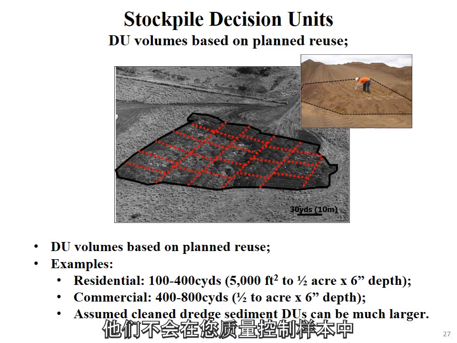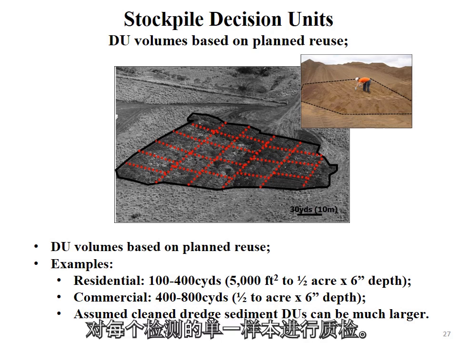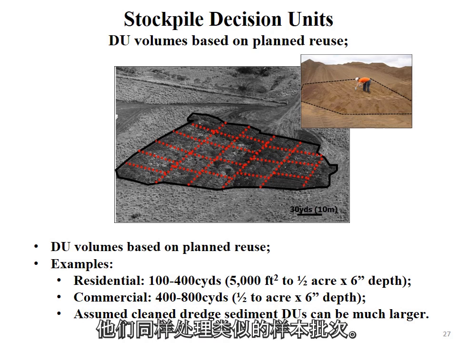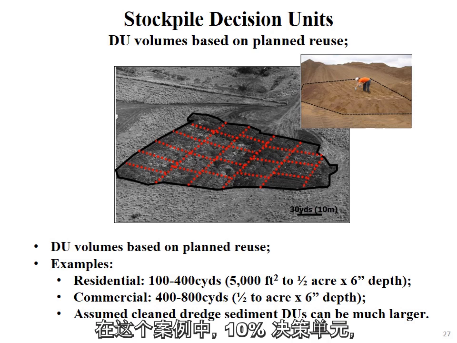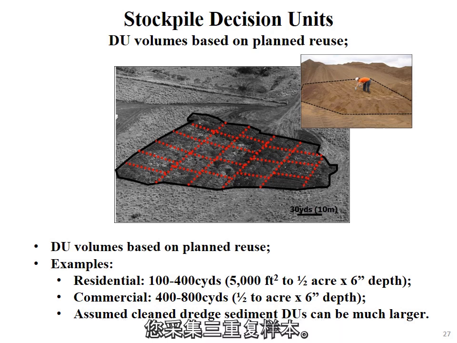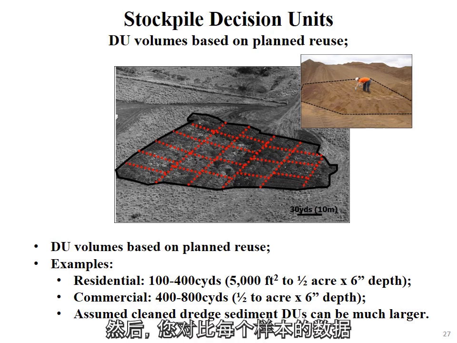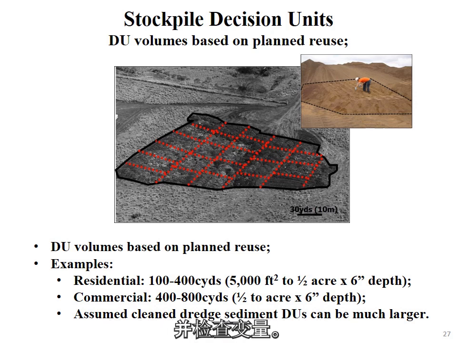They don't run QC samples on every single sample they test. They do it for batches of similar samples. So in this case, 10% of the DUs, you're going to collect triplicate samples. And again, we'll discuss that again tomorrow. Then you compare the data for each sample and check the variability. If it's really close, you have a good sampling procedure and good precision on your data.